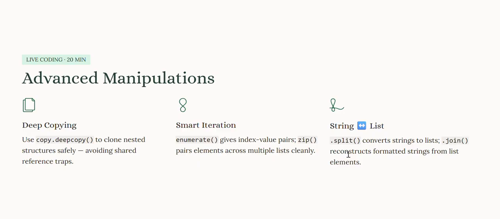And join can be used to reconstruct a formatted string from list elements. See here, first you will write the name of the variable, then you will write dot and split. All these functions are used like this, whichever have a dot in them.